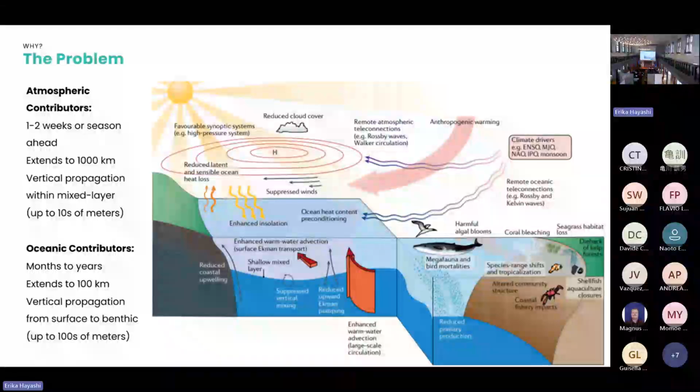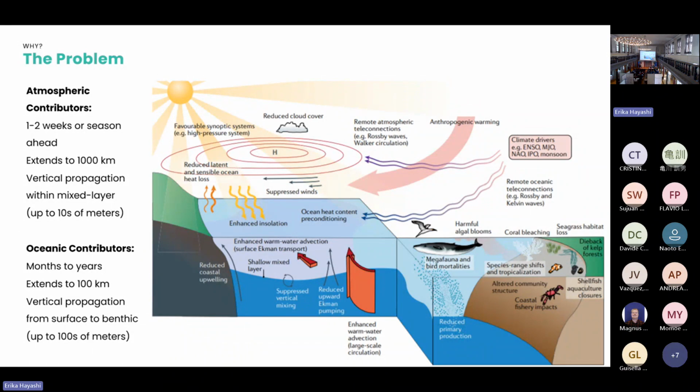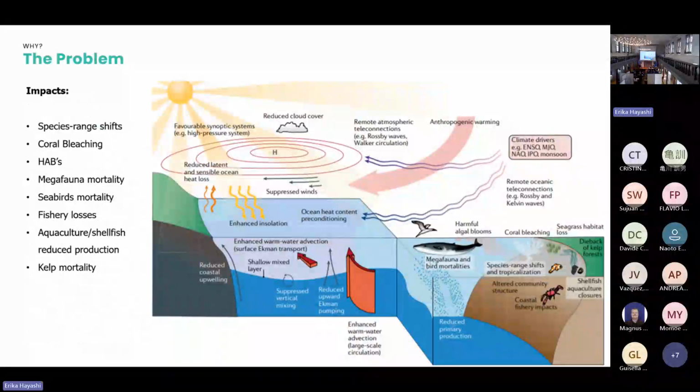So we do know that in, let's say, time ranges between 1 and 2 weeks or season ahead, we can see these kind of relationships, especially concerning climate modes. And this means that at the seasonal scale, even though we cannot predict certain events, we can have a probabilistic outlook of whether we are looking into a warmer than average or cooler than average season and anticipate expected ranges of impacts.